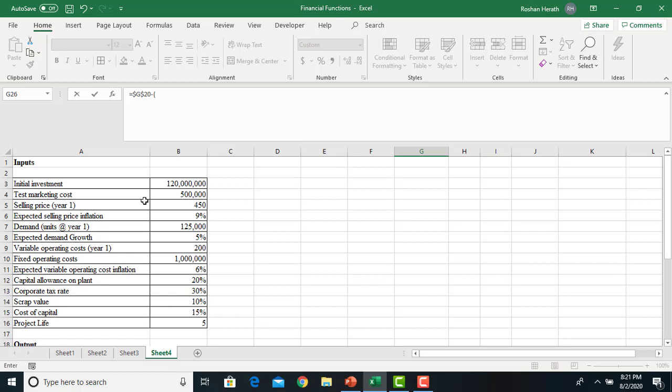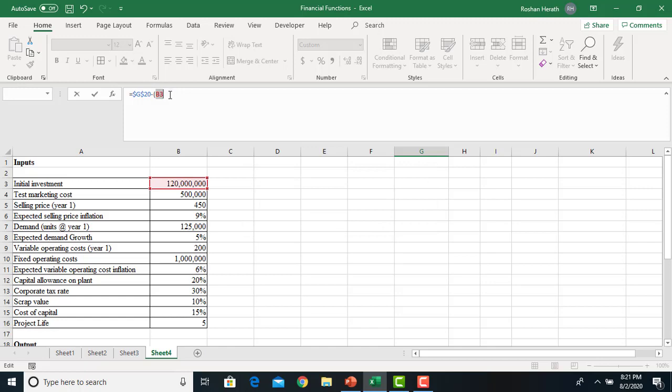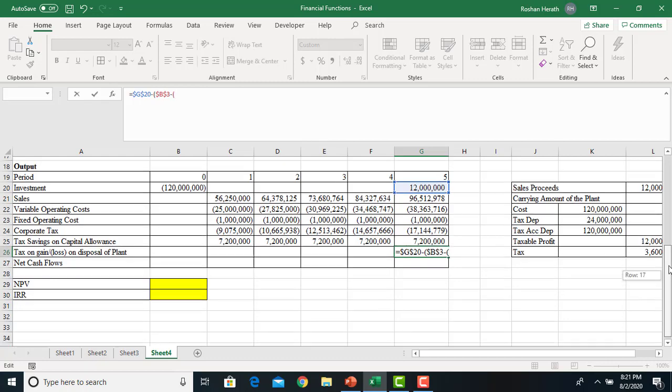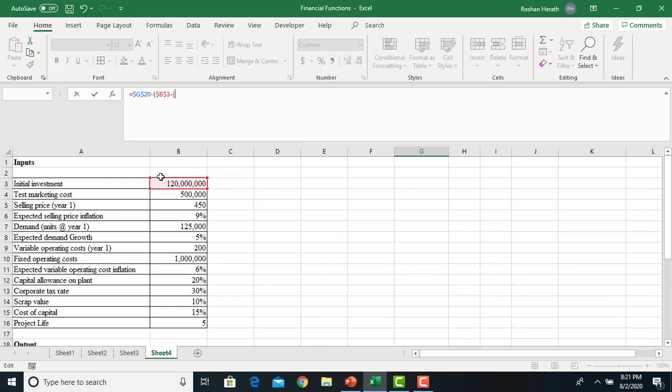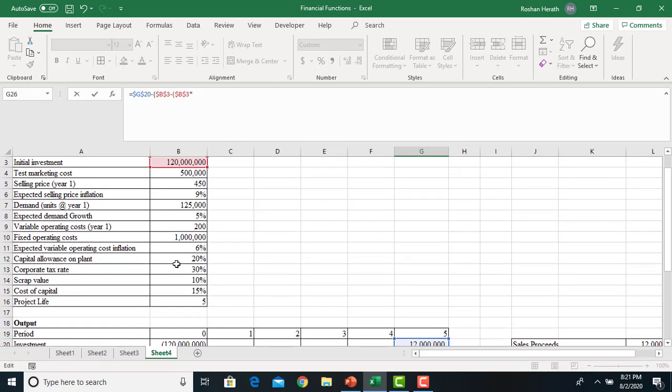Initially you would get the cost, B3, sorry, then you need to deduct the depreciation, in fact the accumulated depreciation. How would you take that? Again, this particular figure multiplied by, make it constant, multiplied by the capital allowance, right? Capital allowance.